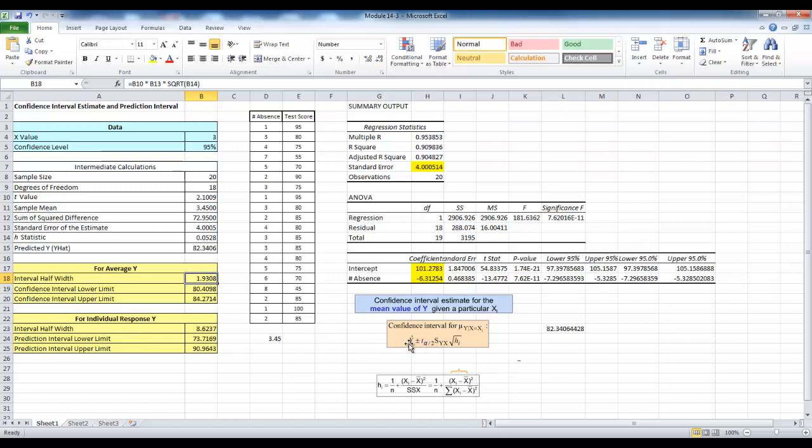Once we find this, we need to subtract it from our estimation and then add it to our estimation. So this is B15 minus B18, and B15 plus B18.